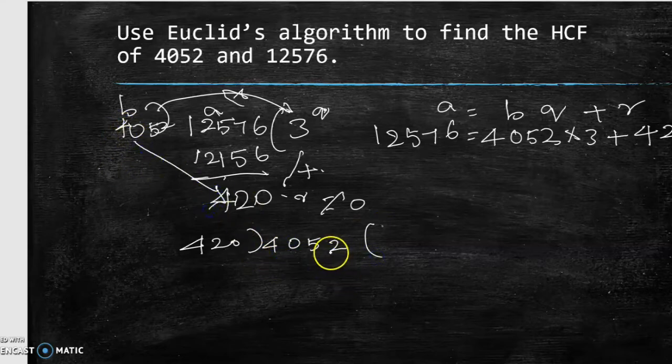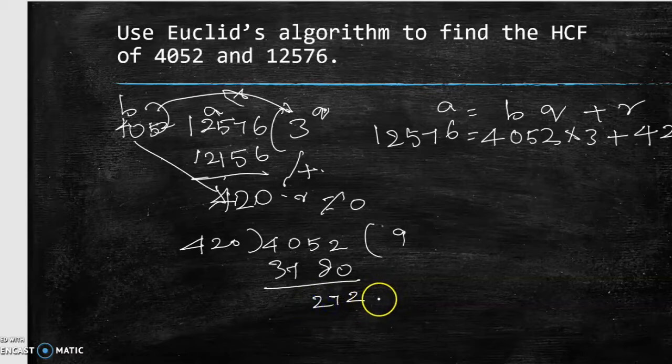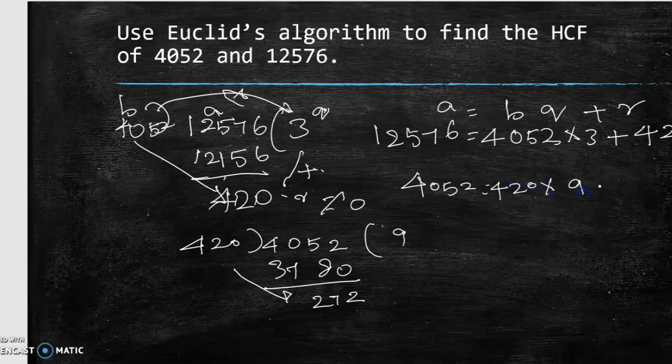In 4052, 420 goes 9 times, which is 3780. Subtract this and we get 272. Again this is not equal to 0. So 4052 equals 420 into 9 plus 272.